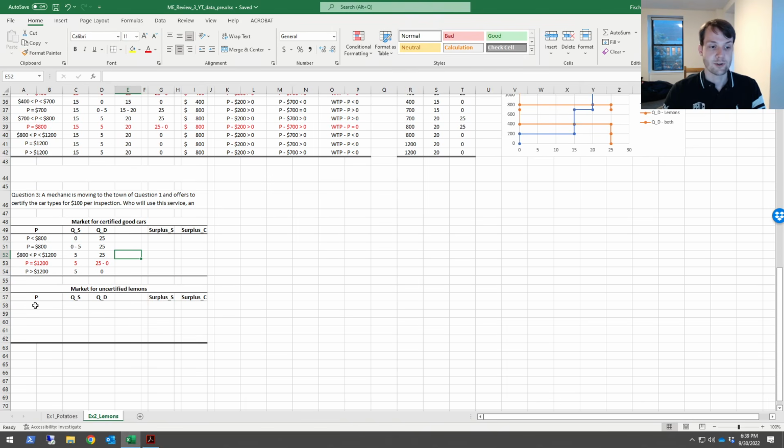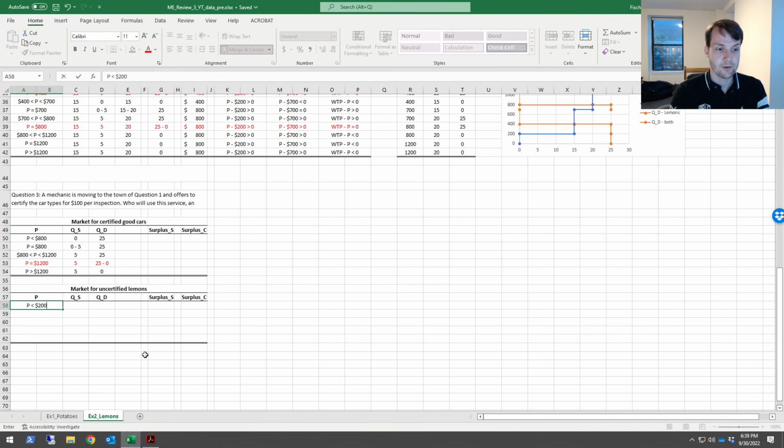Now let's look at the uncertified lemons. We're going to first look at prices that are less than the reservation value of 200, a price of exactly 200, a price that's between 200 and 400, that's the willingness to pay, a price of exactly 400, and prices above $400.